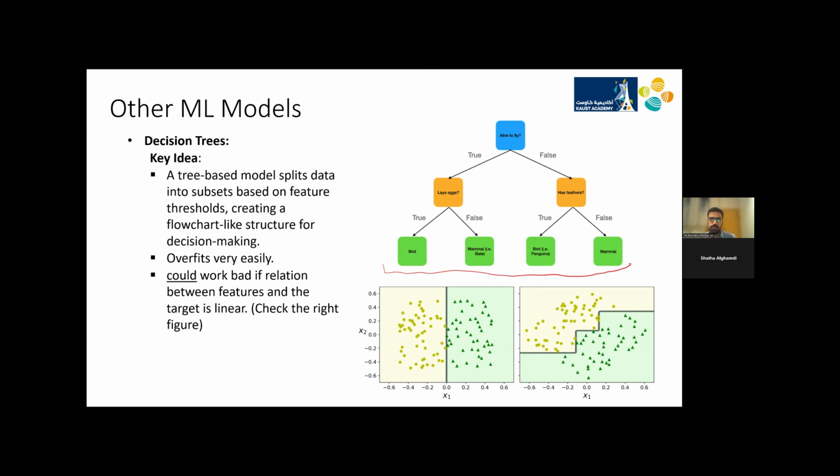So the decision tree overfits very easily. And the other problem is that if you don't have a very specific decision boundary like this, and you have some linear boundary going on between the features, this will also cause problems.